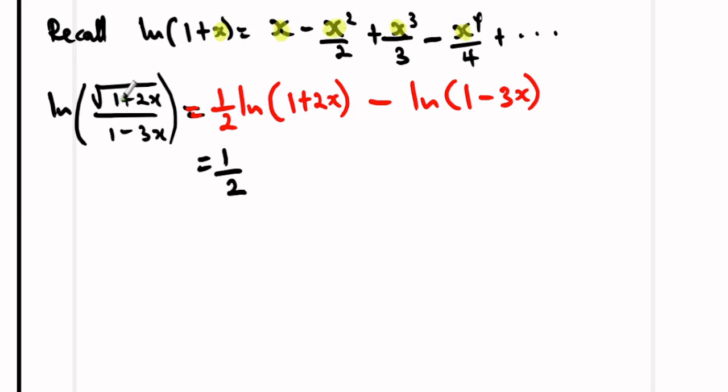In this case, we have 1 plus 2x, so anywhere I see x here, I'm going to substitute 2x. And for the denominator, anywhere I see x, we're going to substitute minus 3x.